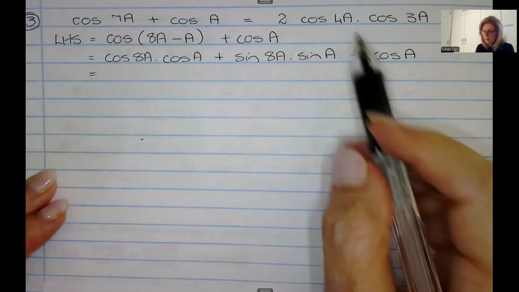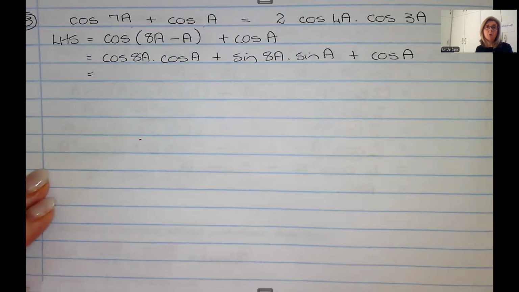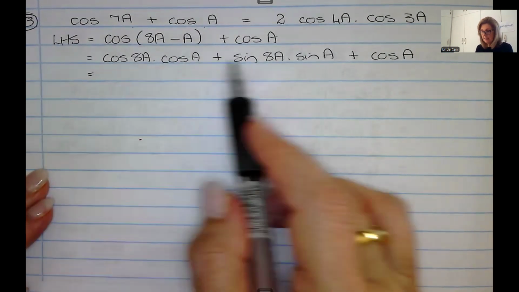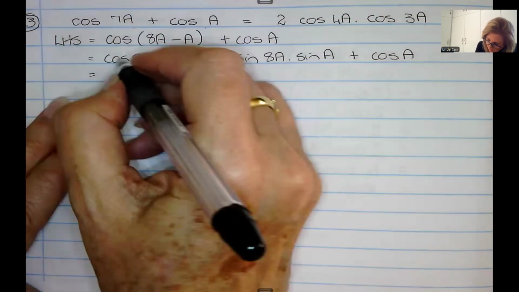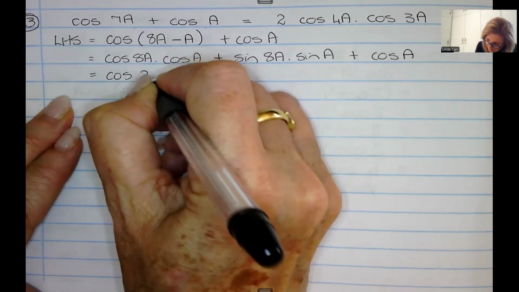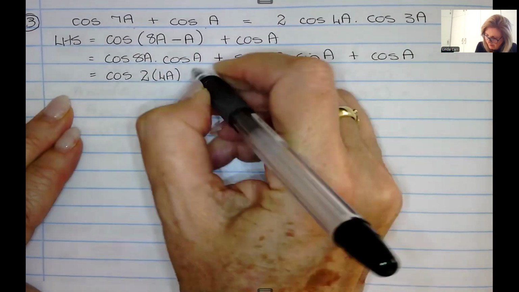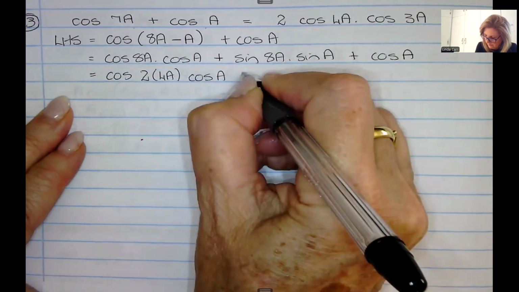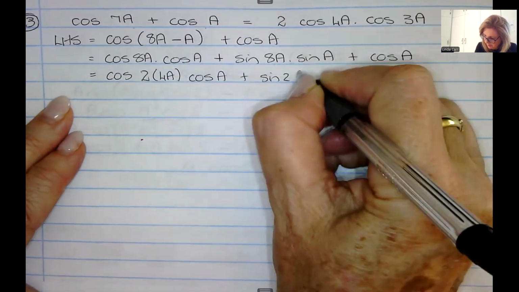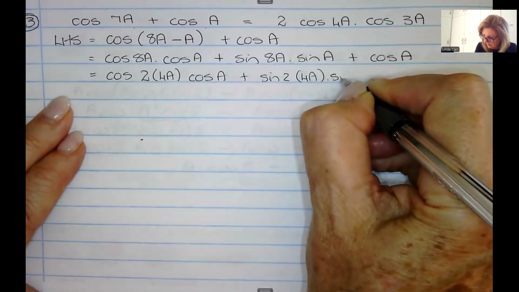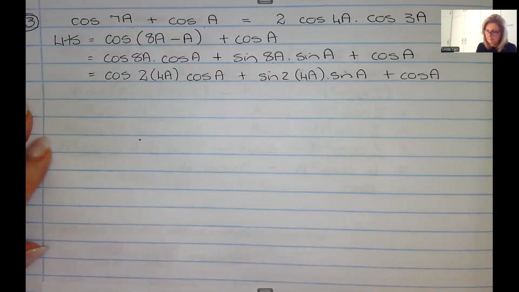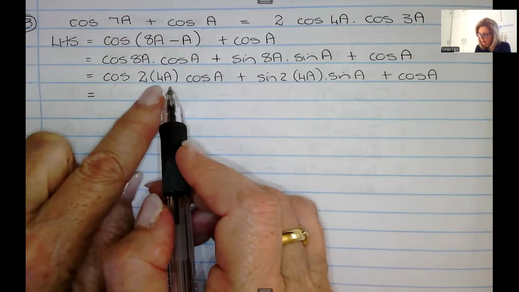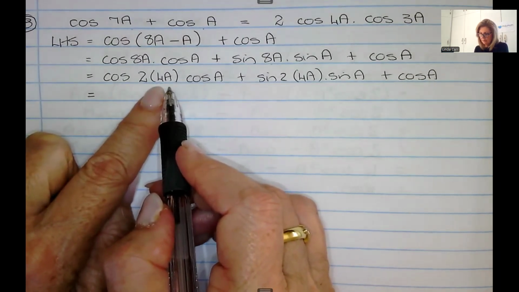All right, now when I look at my right-hand side, I see the 4a. And so I think, okay, these 8a's are double 4a's. So I'm going to make this cos double 4a and sine double 4a. And then I'm going to do the cos expansion.